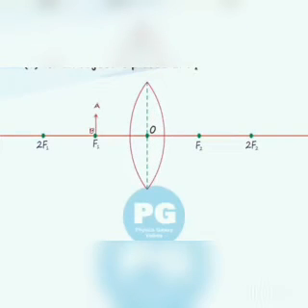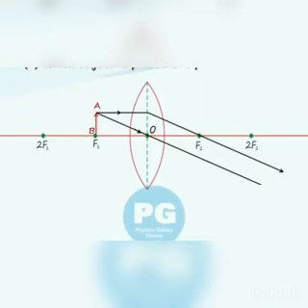Now let us see the next position of the object, that is when the object is kept at focus point F1. Here the parallel ray to the principal axis after refraction passes through the focus point F2. Next we can consider the ray of light which is passing through the optical center, goes undeviated without undergoing any refraction.